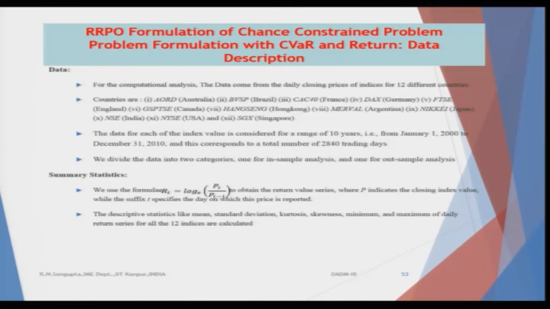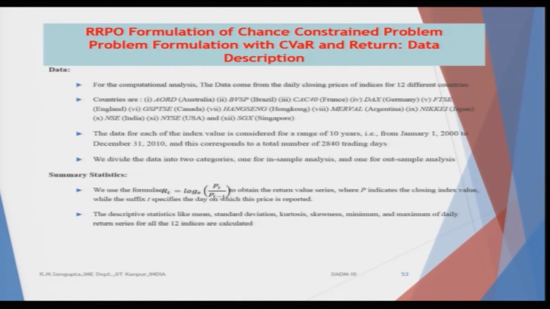The data we are going to take is from 12 different countries: the Australian exchange, Brazilian, France, DAX for Germany, FTSE for England, Canada, Hang Seng for Hong Kong, Argentina, Nikkei for Japan, NSE, not the BSE, for India, New York Stock Exchange for USA, and for Singapore.